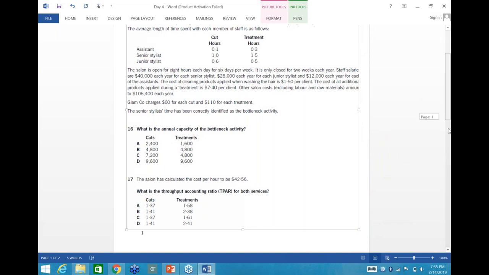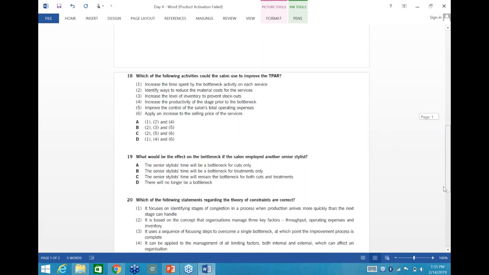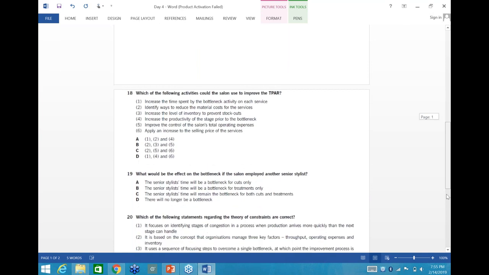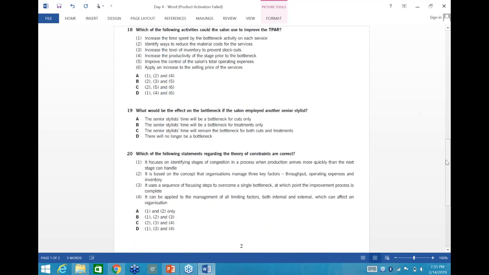There's a very nice question. That's why I picked this up as well, on figuring out what your bottleneck is. The 18th one. Which of the following activities could the salon use to improve the TPAR? So identify ways. How do you improve your TPAR?